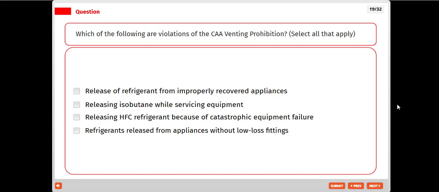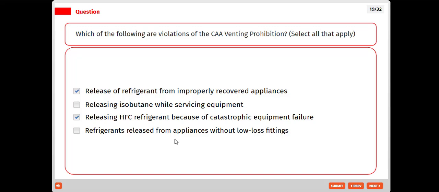Which of the following are violations of the CAA venting prohibition? Select all that apply. Release of refrigerant from improperly recovered appliances. Releasing isobutane while servicing the equipment. Releasing HCFC refrigerant because of catastrophic equipment failure.